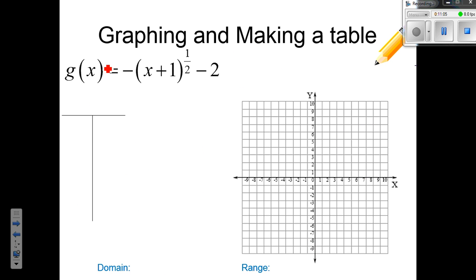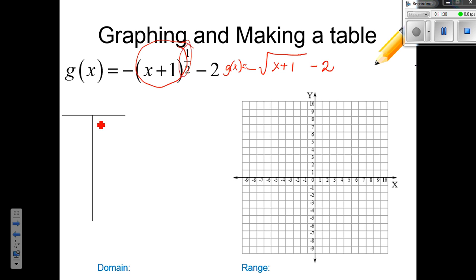Here we've got g of x equals negative x plus 1 to the 1/2 power. Remember, this just all means the square root. Remember, we don't want to lose that knowledge that we've gained, that when we do a power to a 1/2, we still have a square root. All right, so let's talk about the starting values of this graph.